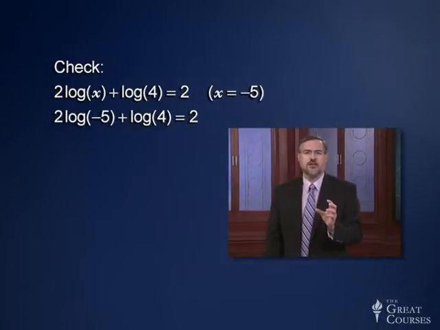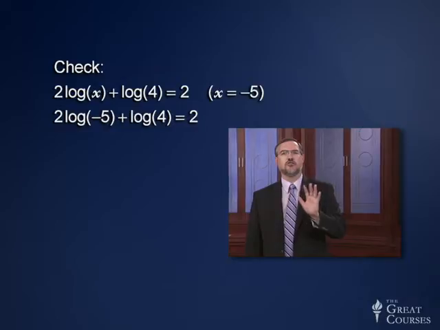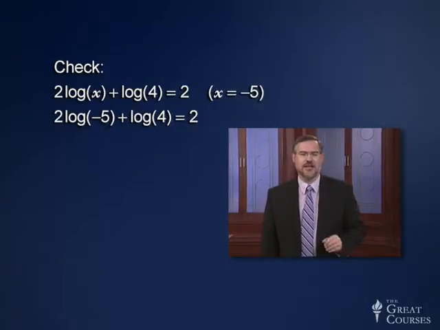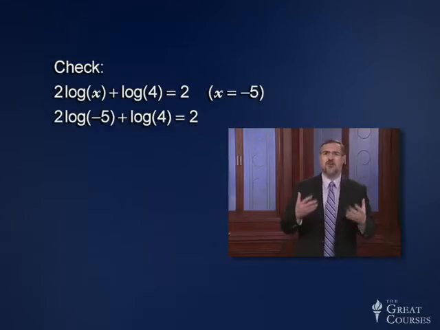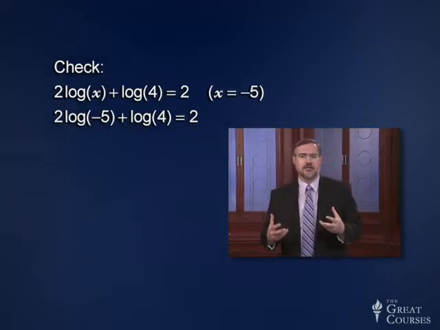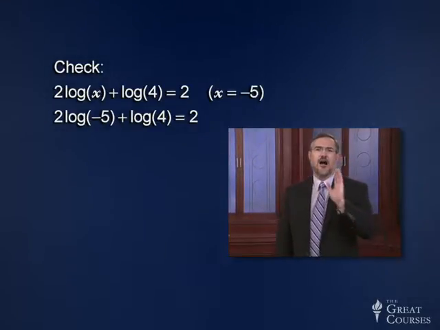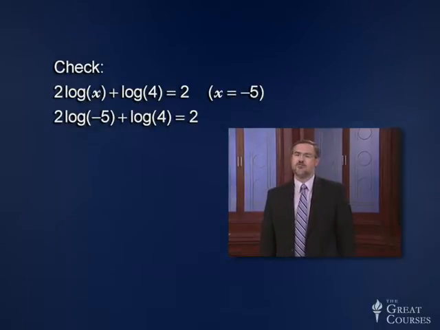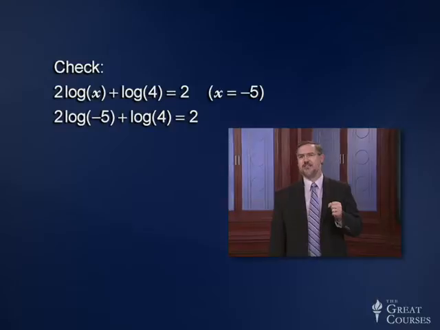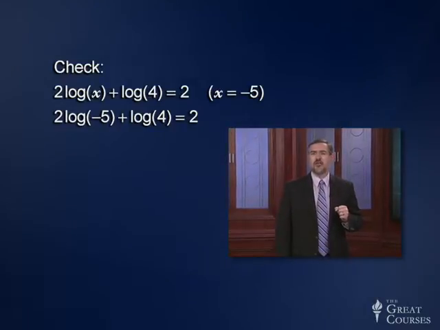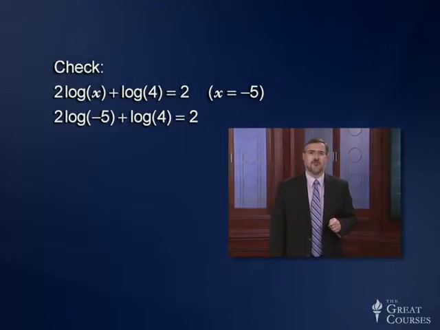So log of negative 5 makes absolutely no sense. I can't plug negative 5 into the logarithmic function. And therefore, because of that lack of ability to plug in the negative 5, I know that x equals negative 5 is really not a solution. And therefore, to finish the problem, I need to say that the only solution is x equals positive 5.